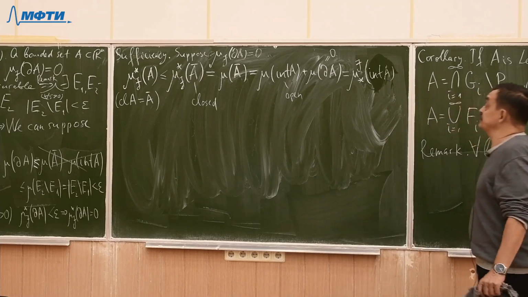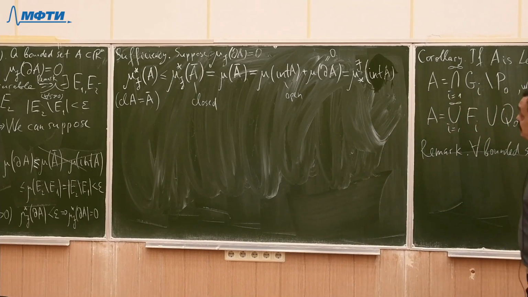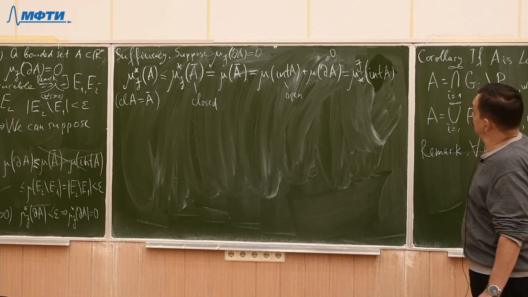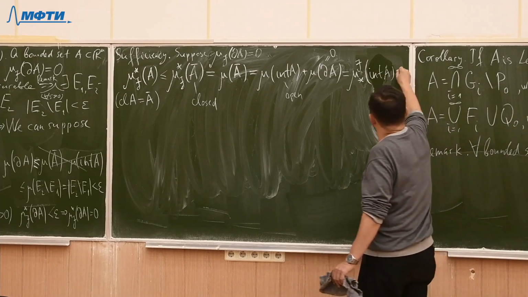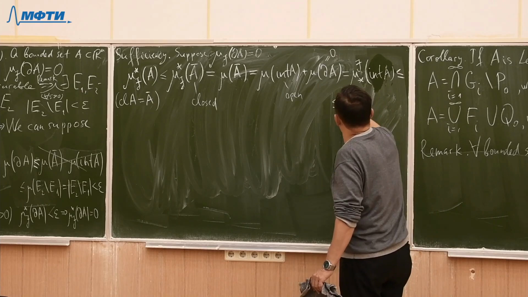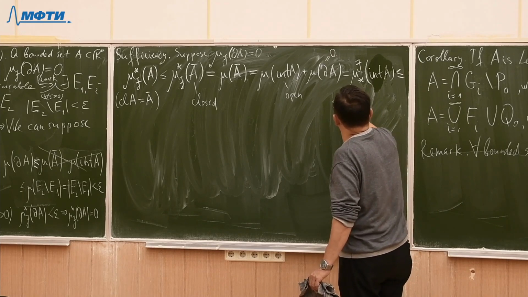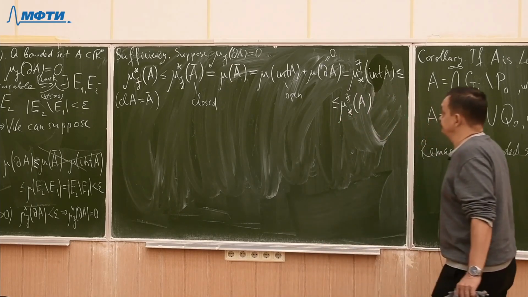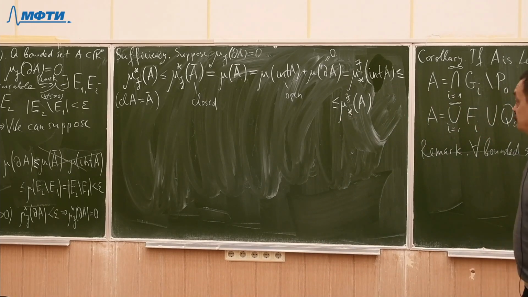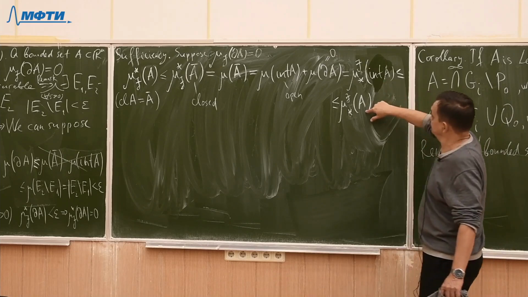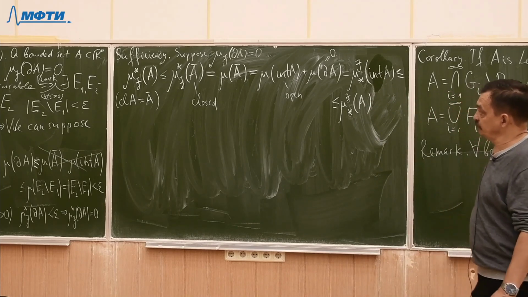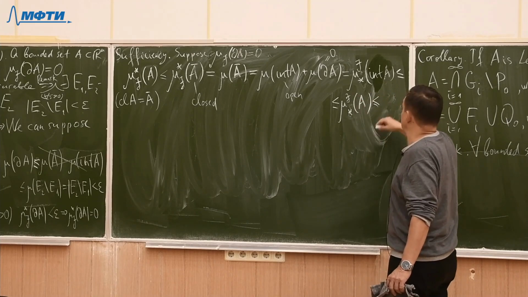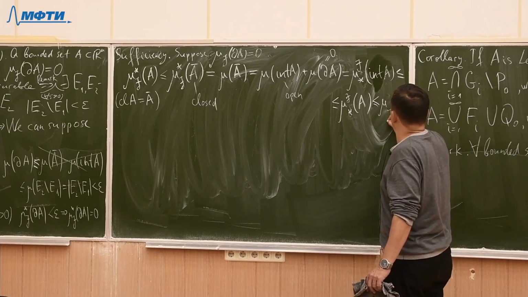So for open sets, Lebesgue measure coincides with inner Jordan measure, and the inner Jordan measure of the interior is less or equal than the inner Jordan measure of the set itself, because the interior is a subset of A. And finally, of course, the inner measure of an arbitrary set is less or equal than the outer measure.